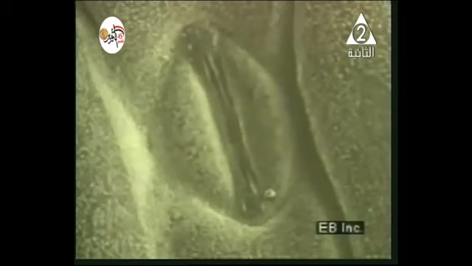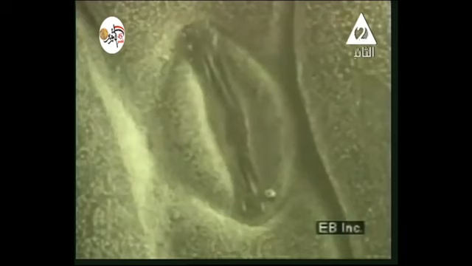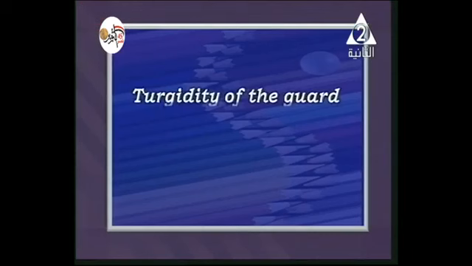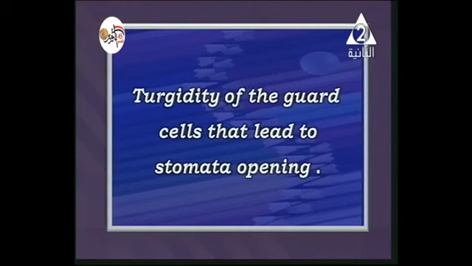When the plant wants to get rid of excess water it opens them, or it closes them to prevent losing water. These openings are called stomata, and they are controllers of the plant. So the rigidity of the guard cells, opening and closing to get rid of excess water, is considered an example of physiological support.